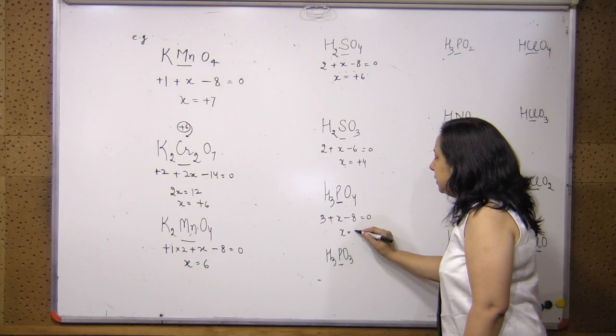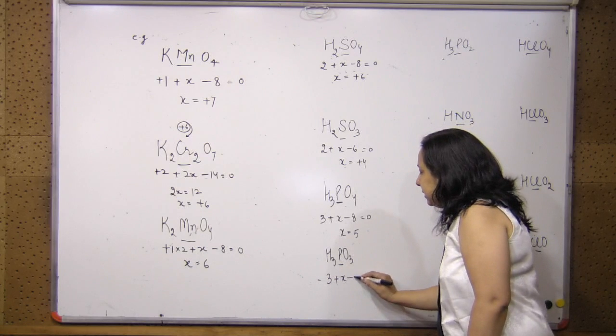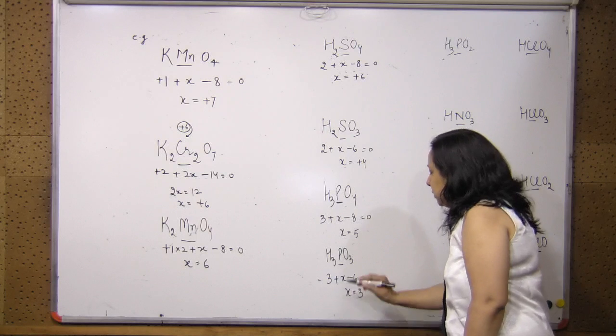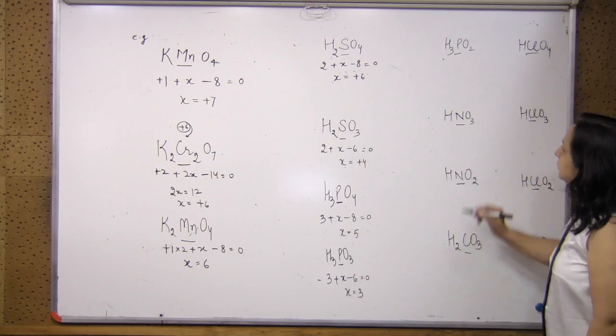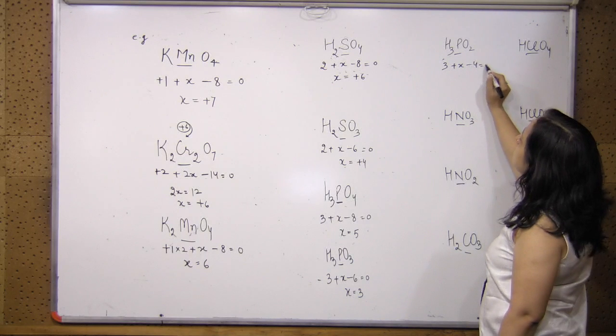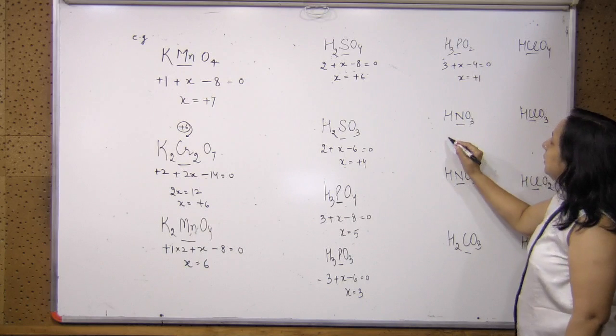X comes out to be 5. H3PO3: 3 plus X minus 6 is 0. X comes out to be 3. H3PO2: 3 plus X minus 4 is equal to 0. X comes out to be plus 1.